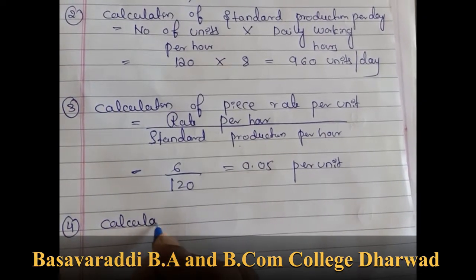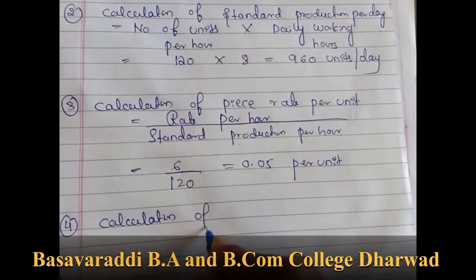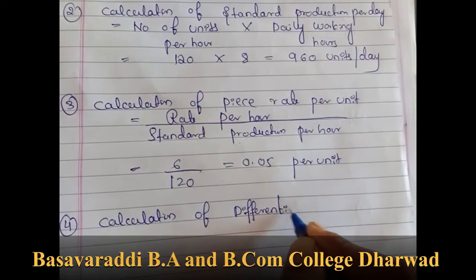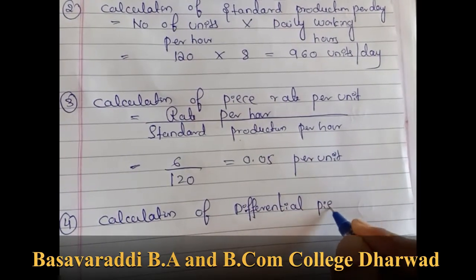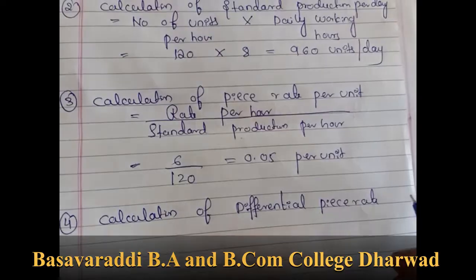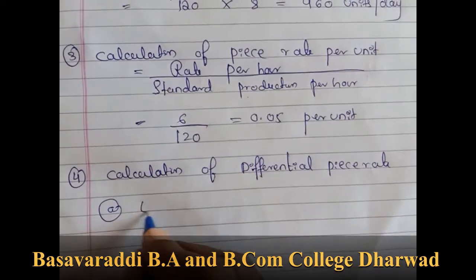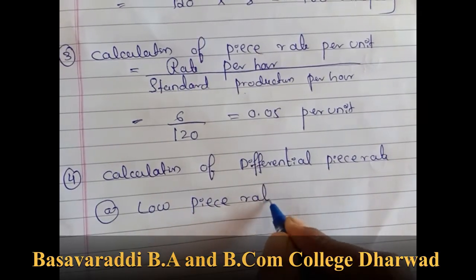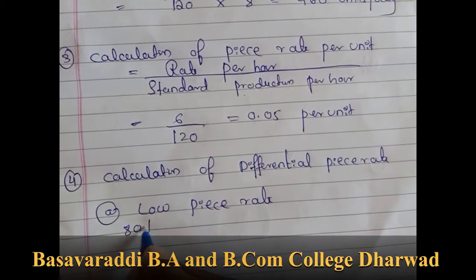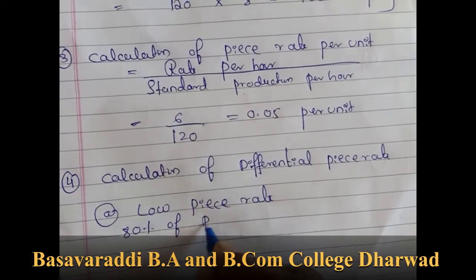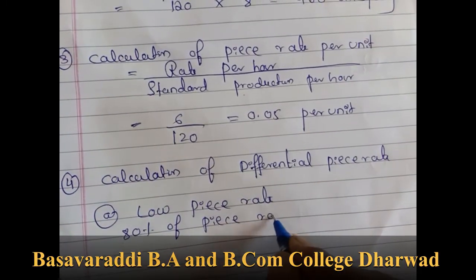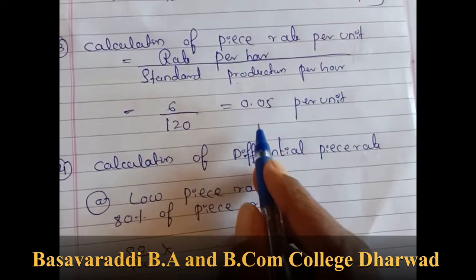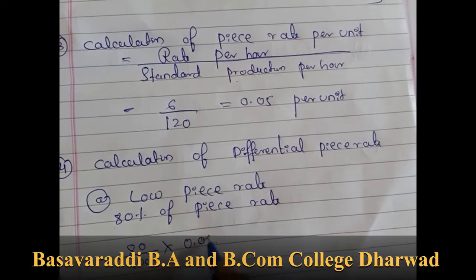Next, working note number 4. Calculation of differential piece rate. A, low piece rate, 80% of the piece rate. That is 80 divided by 100 into piece rate 0.05.